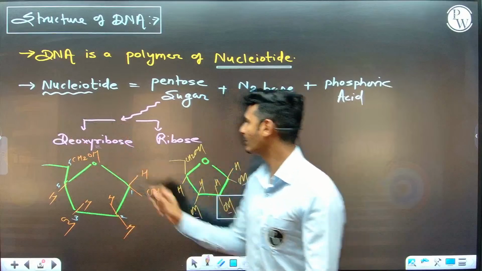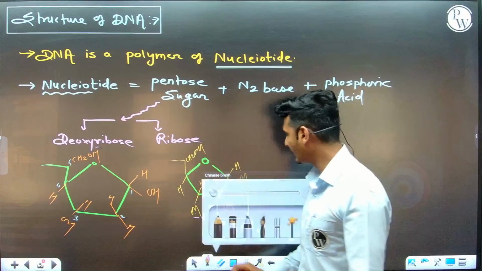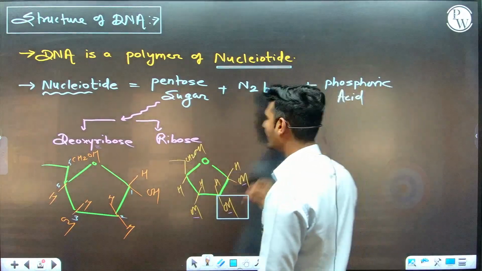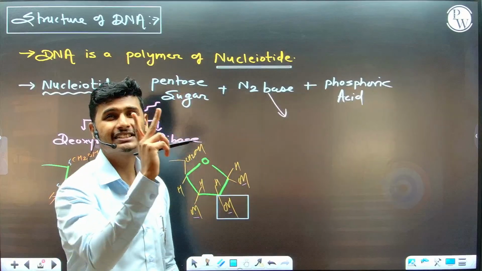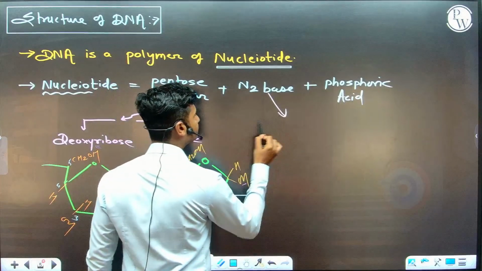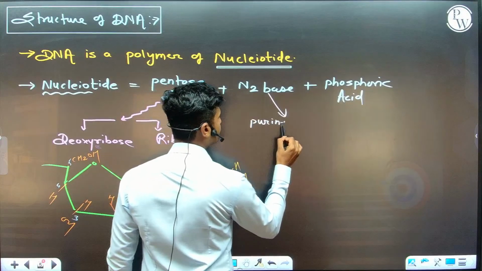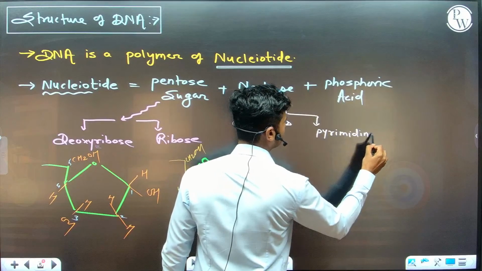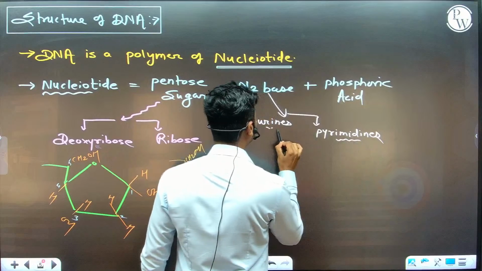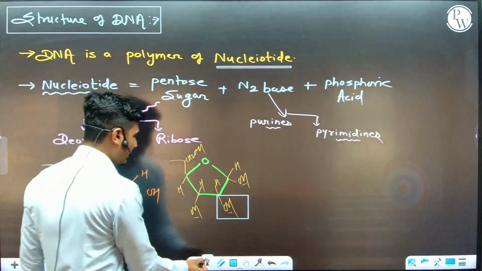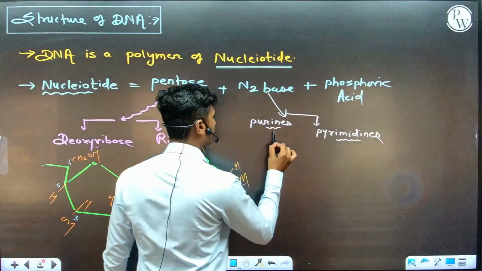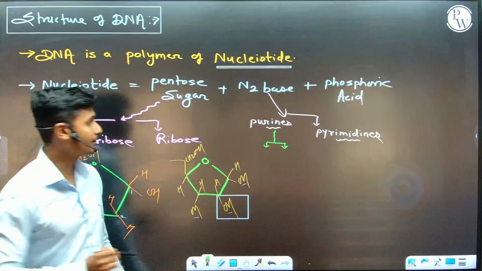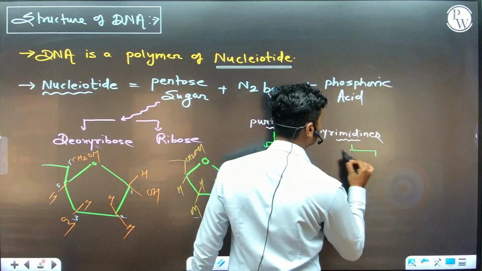Here is deoxyribose and here is ribose. The second component is a nitrogen base, and nitrogen bases are divided into two types: purines and pyrimidines. Purines have two different types and pyrimidines have three different types.